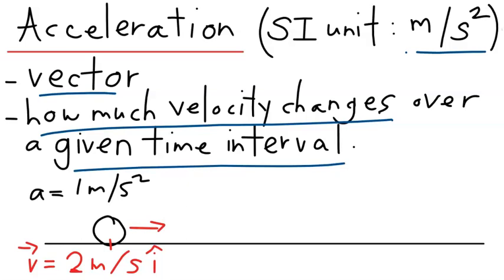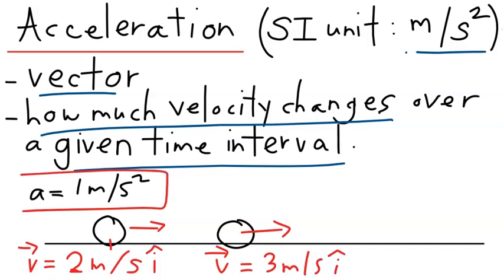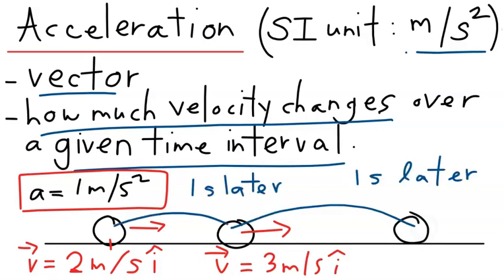Now 1 second later, the speed will be 3 meter per second i hat because of the acceleration being 1 meter per second squared, which means the speed is increasing at a rate of 1 meter per second every second. And up to another second later, the speed would have increased by another 1 meter per second. So now it is 4 meter per second i hat, and so on and so forth.